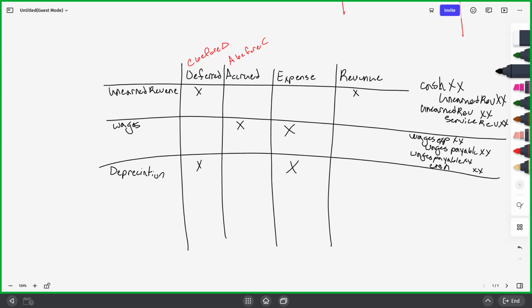Deferred is cash before adjusting. Accrued means cash comes after. So think of it this way: are we ever going to get rid of our accumulated depreciation by throwing cash at it?